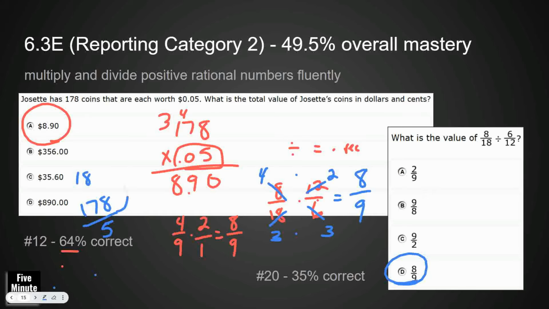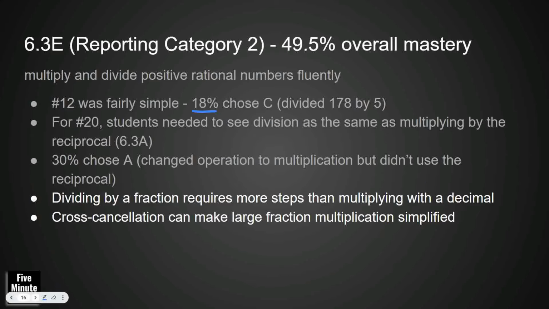So that's where that came from, and we had a big chunk of students choose that. Obviously, we're needing to bring in 6.3a, seeing that dividing by a fraction is the same as multiplying by the reciprocal, right? And vice versa. So that's the skill we really needed there.